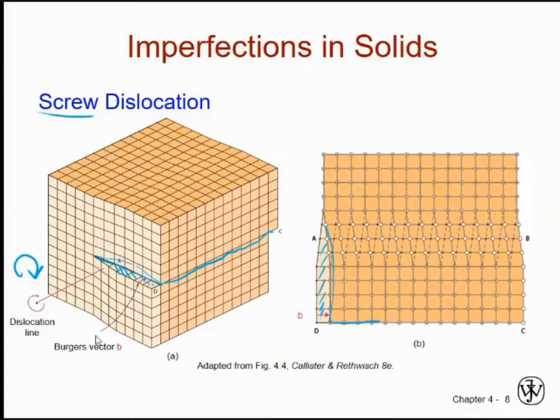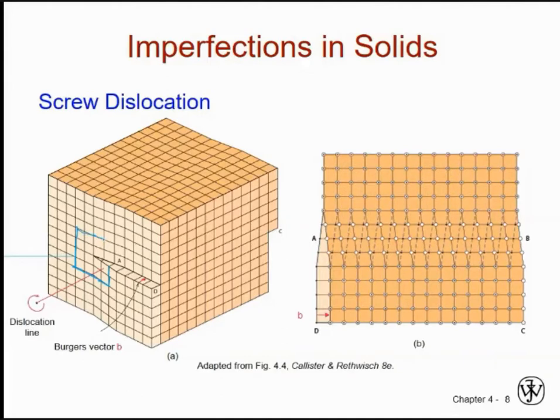The notation for screw dislocation is this. And again, we have the Burgers vector to show the magnitude and direction of dislocation. In order to do this, you should apply the same notion. Let's try to do this. I will move 2 down, 4 left, 4 up, and 4 to the right.